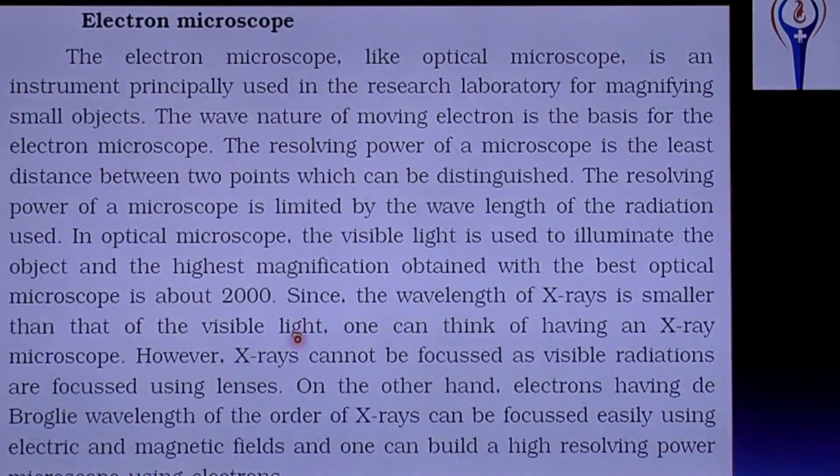The main important application of matter waves, de Broglie waves or pilot waves is the electron microscope. What is an electron microscope? What is the difference between an electron microscope and a compound microscope or normal optical microscope? Microscope, we know. What is a microscope?